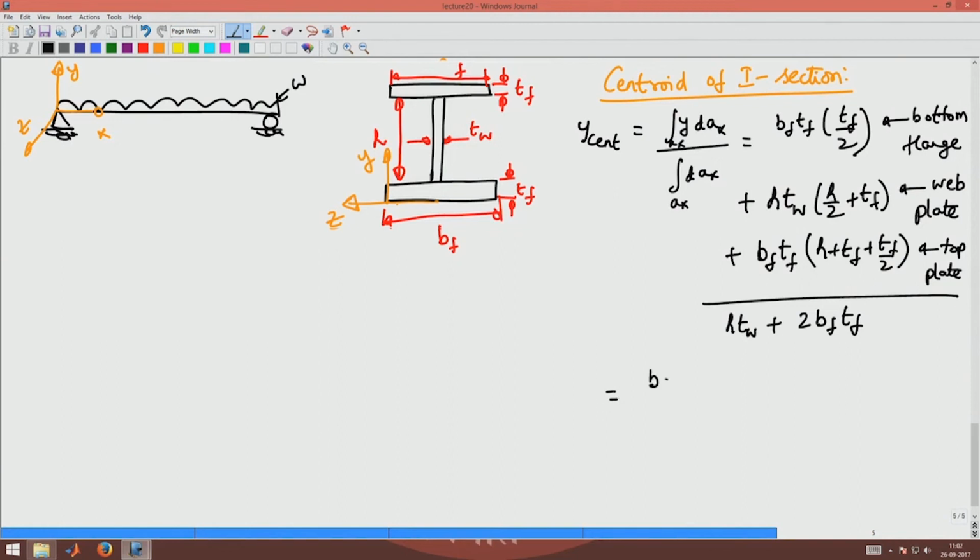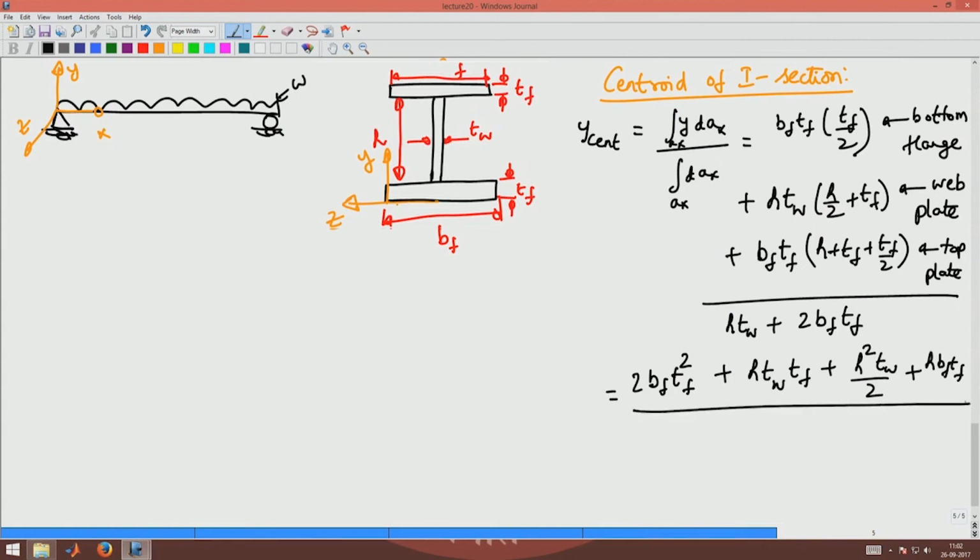This will give me Bf Tf into 2 Tf square plus H Tw Tf plus H square Tw by 2 plus H Bf Tf, divided by H Tw plus 2 Bf Tf.